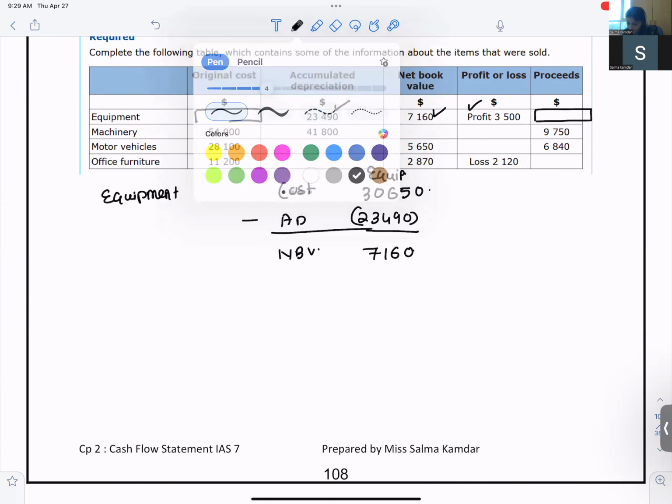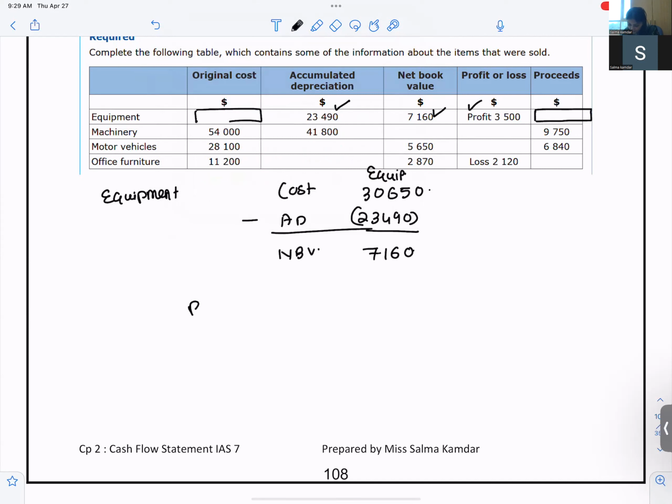I have sold this asset at a profit of 3,500. So the selling price of the asset will be 7160 plus 3,500. The selling price of the asset would be 10,660.